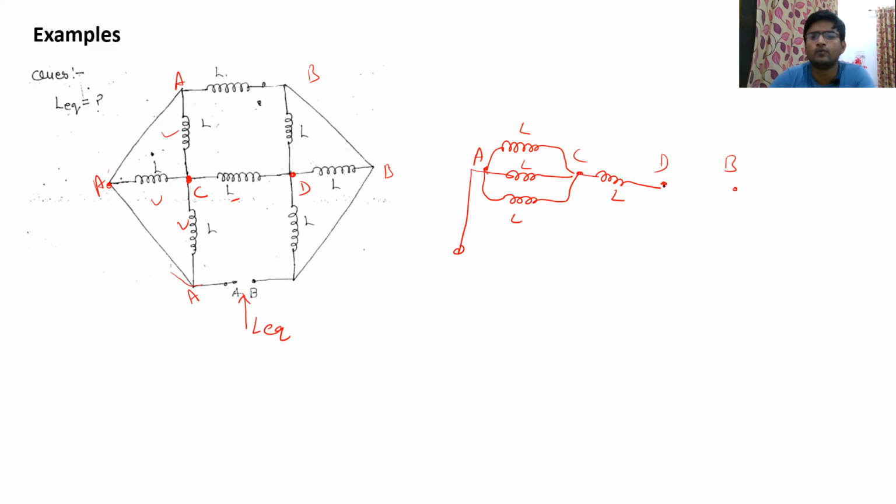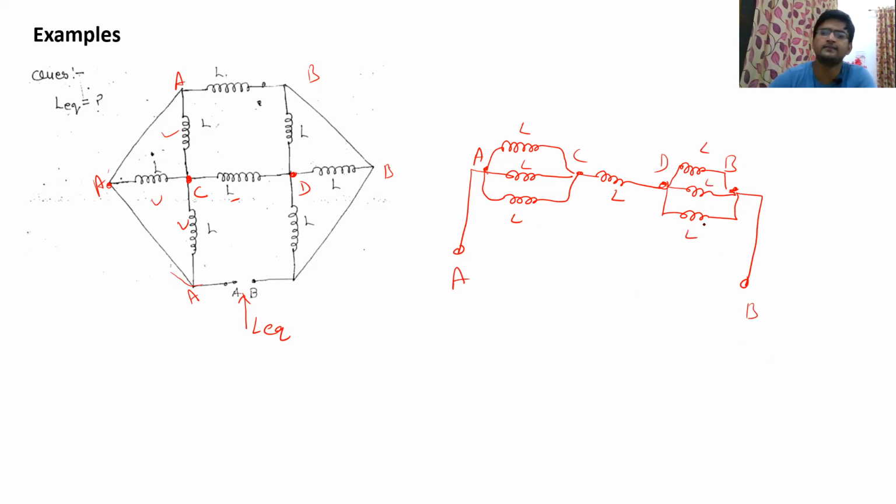Now, what are the values between D and B? So similar to C and A, there are three L's in parallel between D and B also. So here also we will draw this circuit like this. So this is A, this is B, and these are three L's.